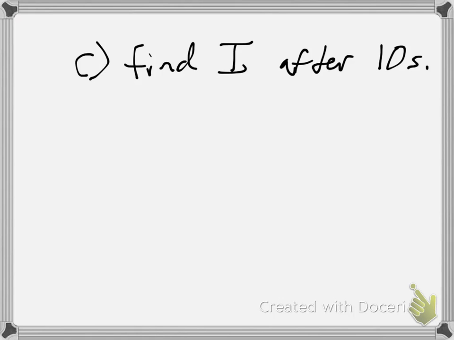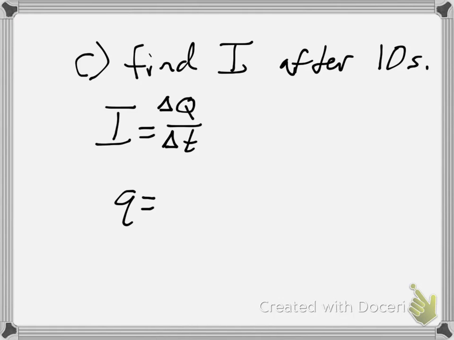Remember that current is equal to, technically, delta Q over delta T. And here, for an RC circuit, Q, the amount of charge on the capacitor at any given time, is equal to big Q times 1 minus e to the negative t over RC.